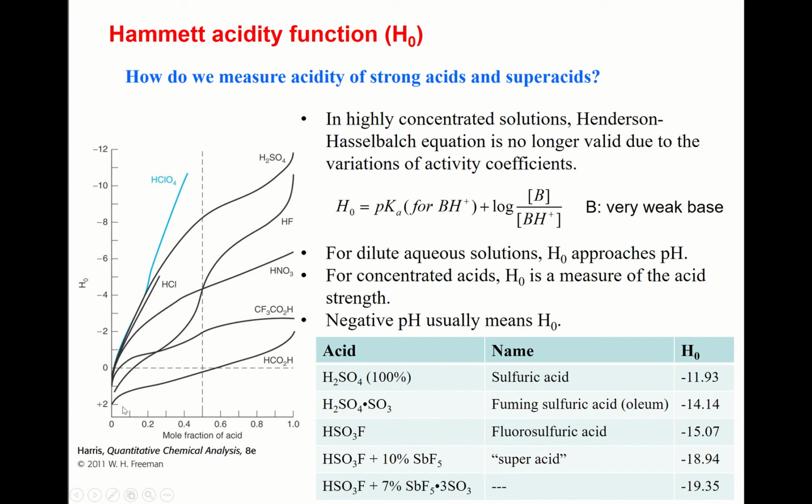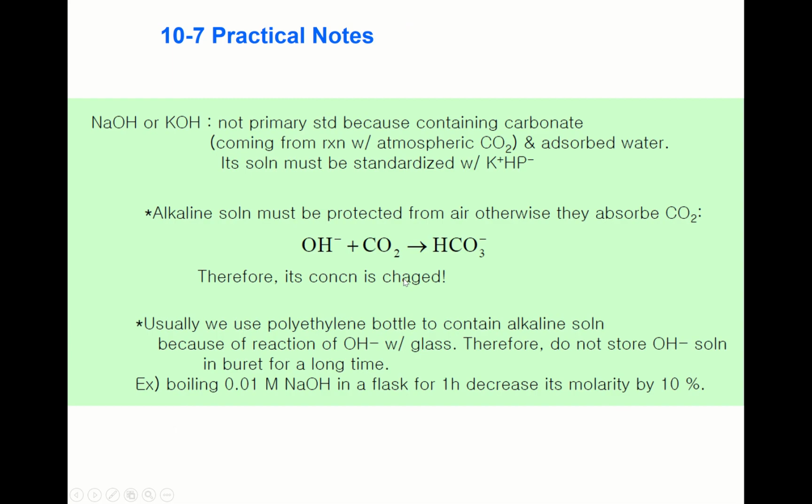Look at that. This figure shows that depending on the mole fraction of acid, the H0 value varies. This is a very special case for very strong acid, and this one is called a super acid.